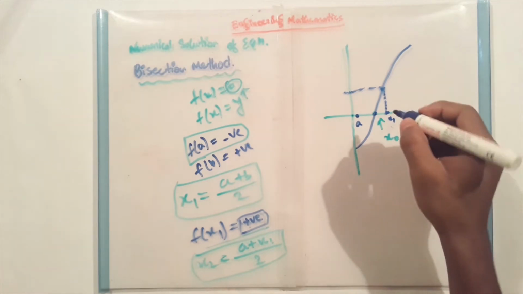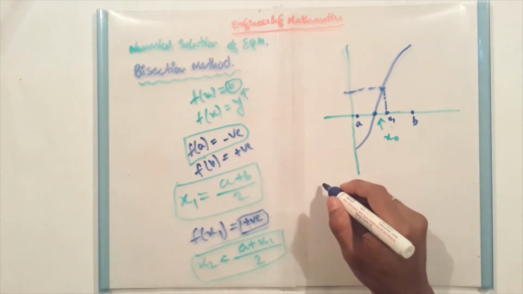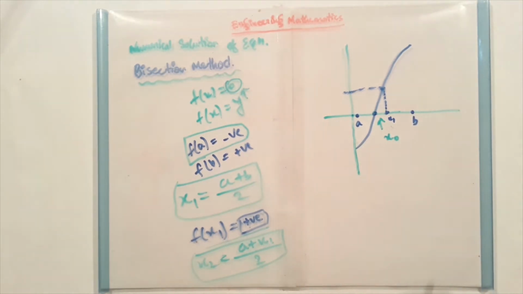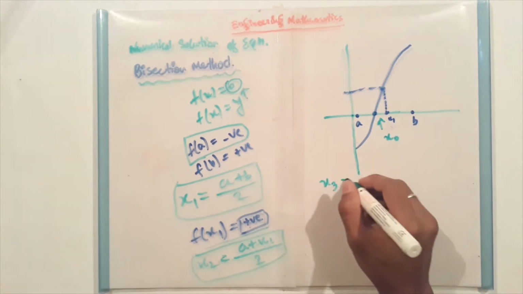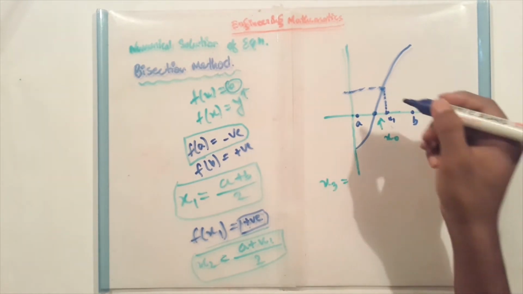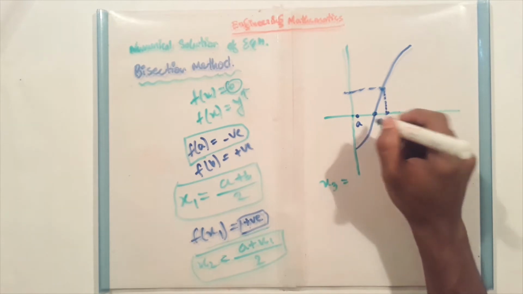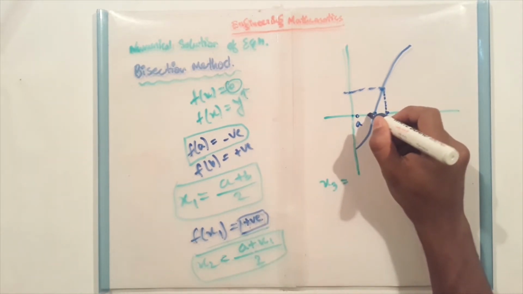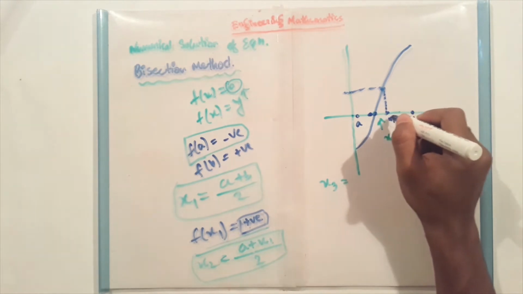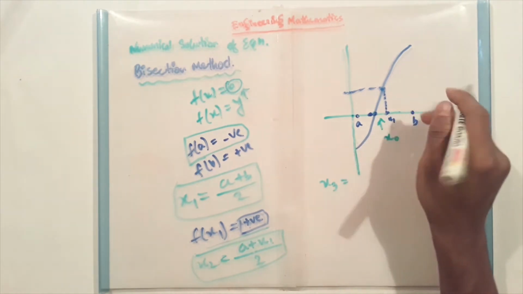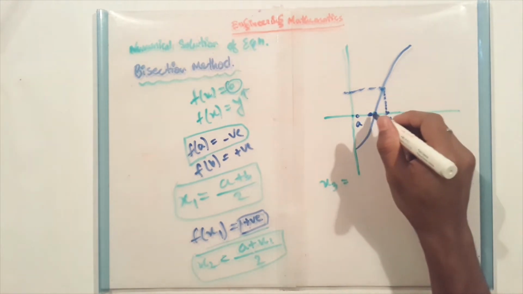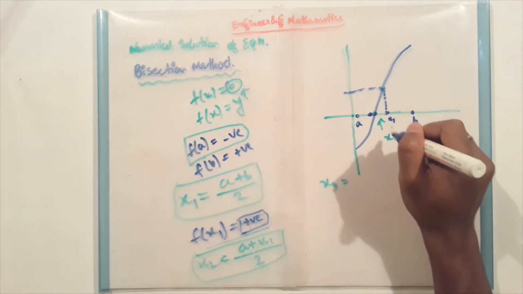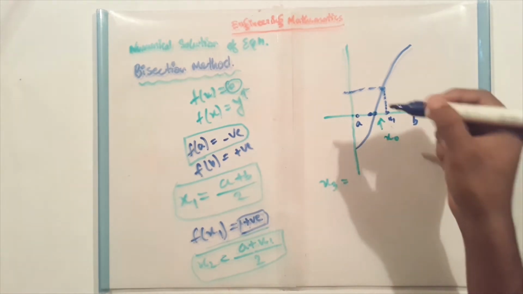Now we will continue the procedure. Let x3 be the third approximation. This is x1, this is a, so the average will be in between them. You can see the value is getting nearer to the point x0, that means nearer to the root.